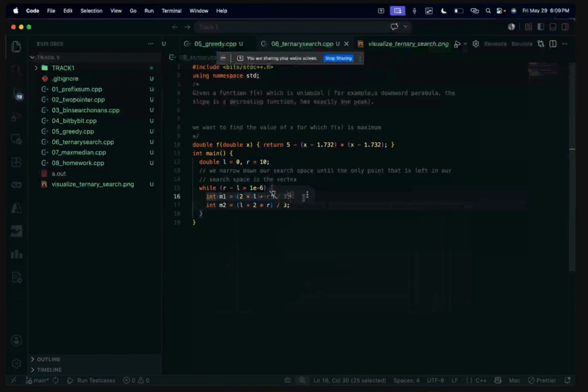That is, the first part from L to M1, the second part from M1 to M2, and the third part from M2 to R. Okay. So from here we have three cases. From M1 and M2, we can extract the values of f of M1 and f of M2. Right. So the first case is if f of M1 is greater than f of M2.